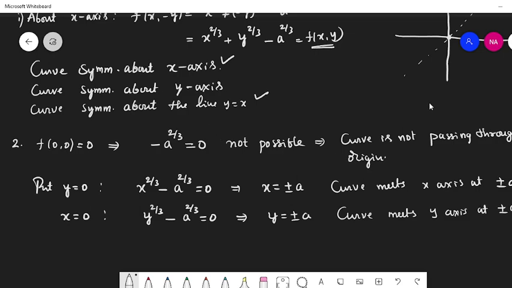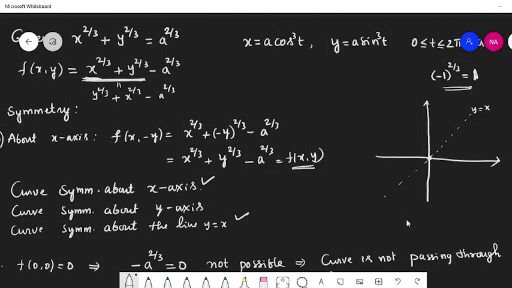See, if you take this one, this is the point minus a, and this is the point plus a, and this is the point plus a, and this is the point minus a.